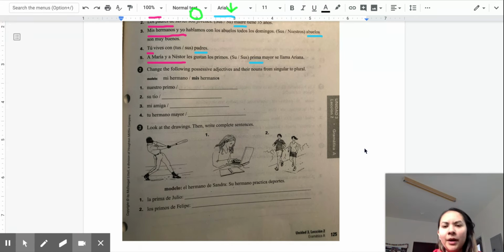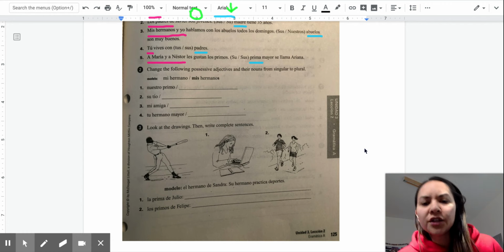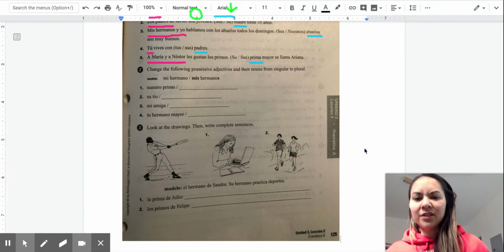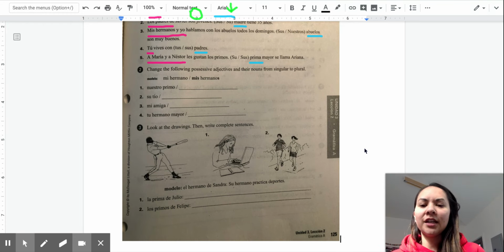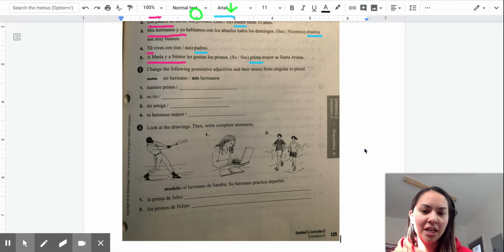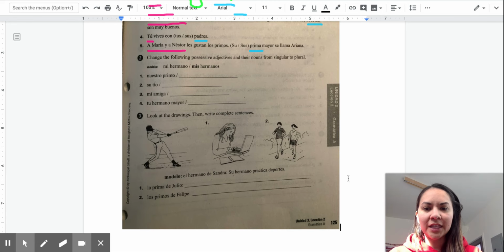Then we go to parte dos. Change the following possessive adjectives and their nouns from singular to plural. You're just changing nuestro primo, so our cousin, to our cousins. Numero uno, I'll give you this one.